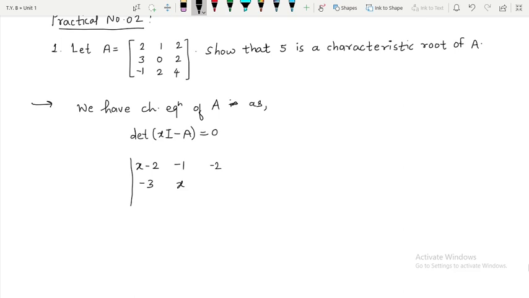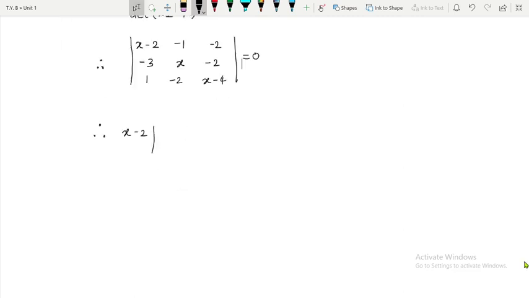Now let us solve this determinant. Therefore it will be (x minus 2) times the determinant of x minus 2 and x minus 4. Now it will be plus 1 times the determinant of minus 3, minus 2, 1 and x minus 4, minus 2 times the determinant of minus 3, x, 1 and minus 2, which is equal to 0.